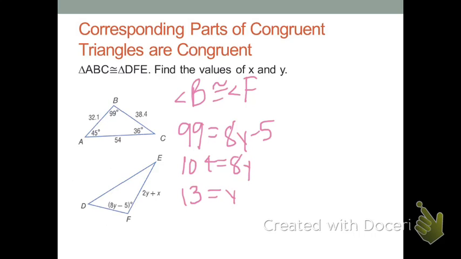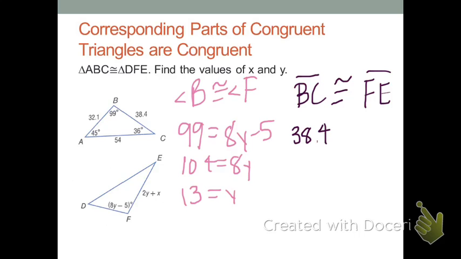Looking at our triangles, and given that ABC is congruent to DFE, we know that the side BC is congruent to side FE. So then we can take our 38.4 and set it equal to 2y plus x.